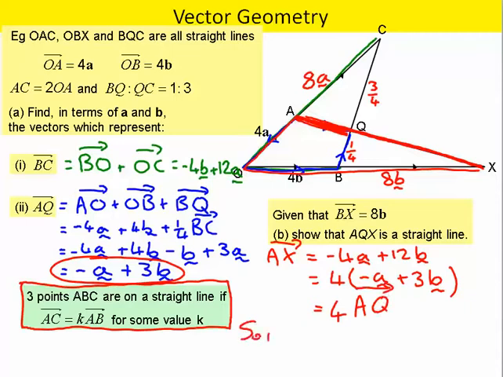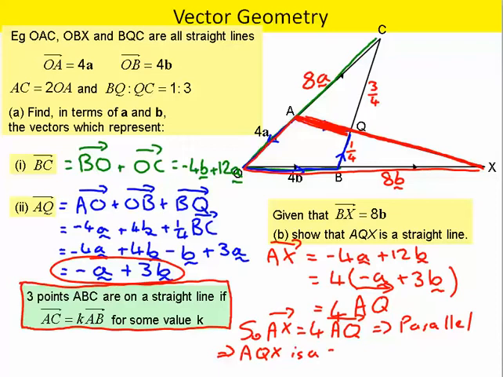So AX is equal to 4AQ, which implies they're parallel, but because they both share the point A and they both go through Q, we also know they're the same line, which implies that AQX is a straight line.